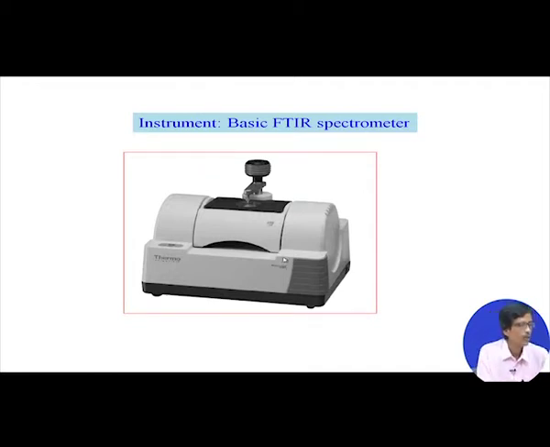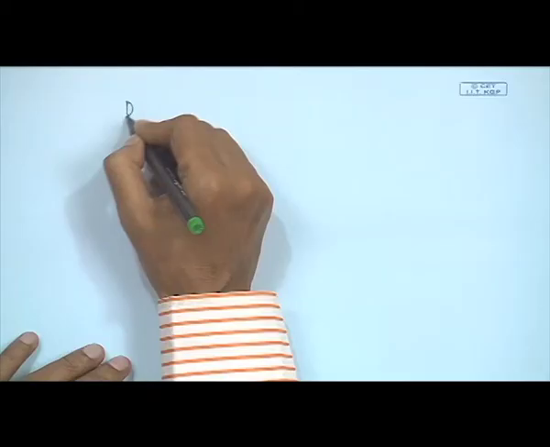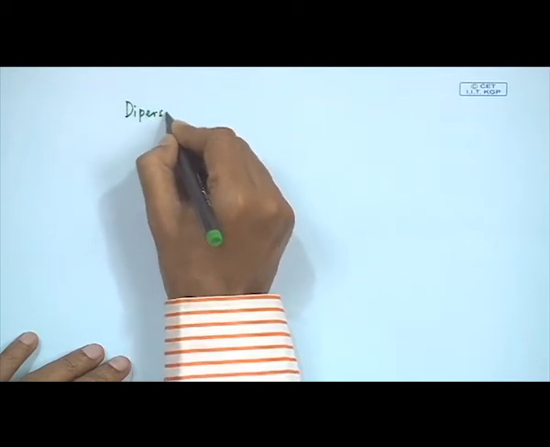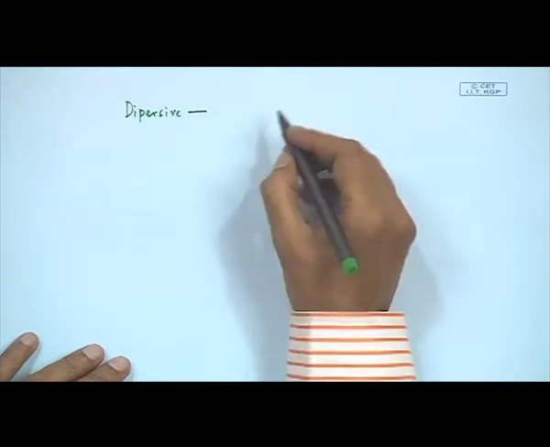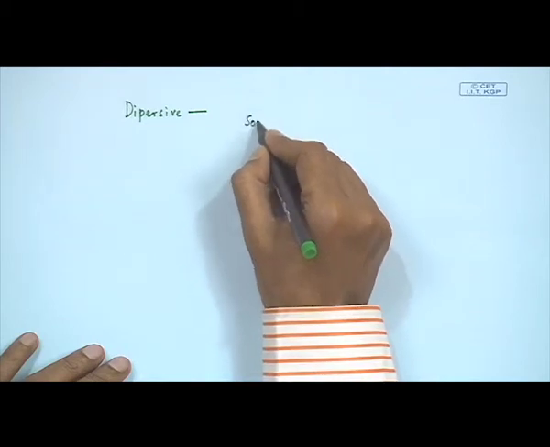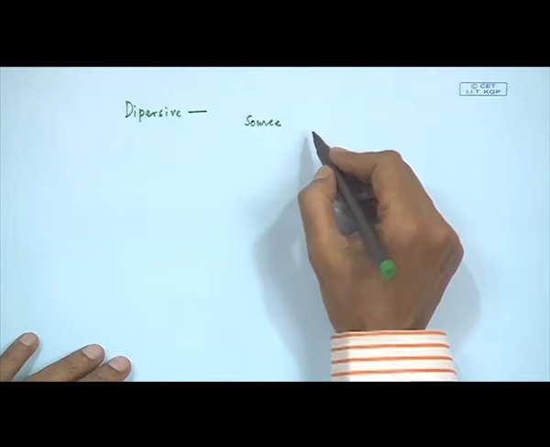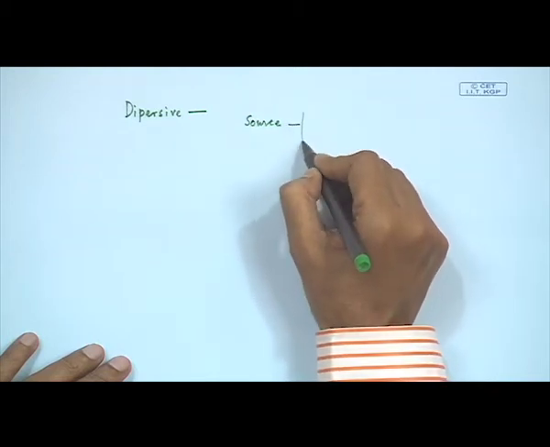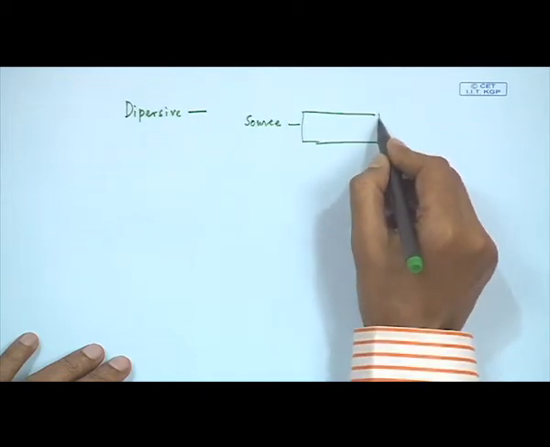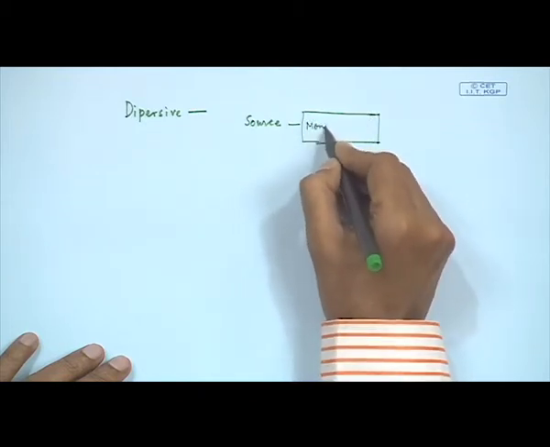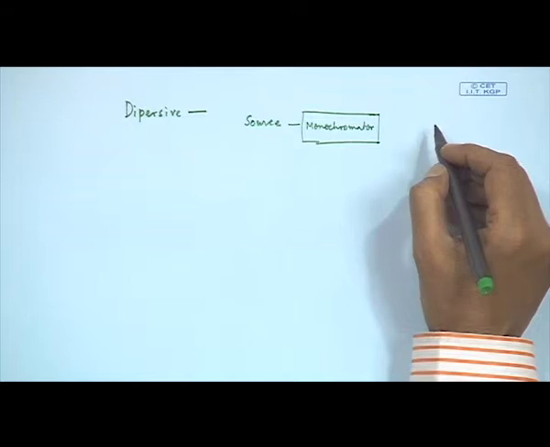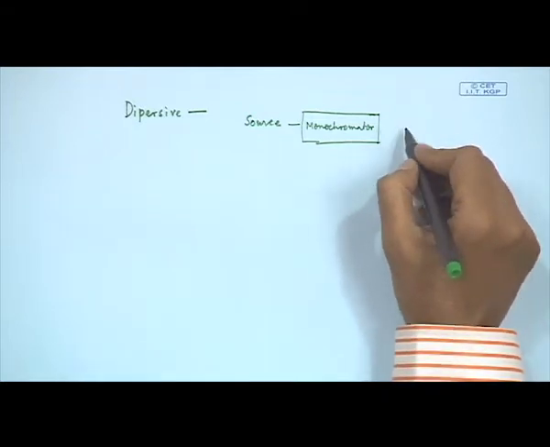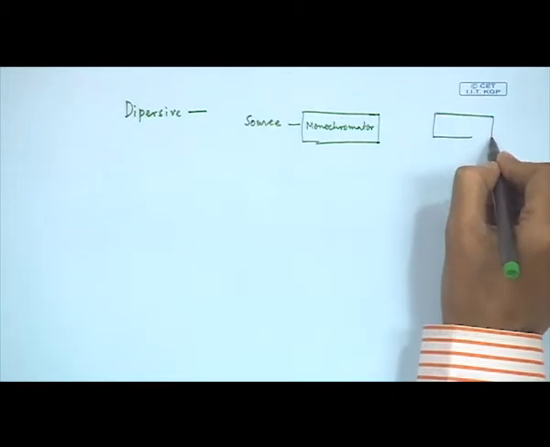So, what we have in all these cases, the basic thing in all the instruments, the first one is the dispersive one, where, like that of our UV visible spectroscopy, we have the corresponding source, and we get this particular source through a monochromator, and we all know that then finally we go for the detection.